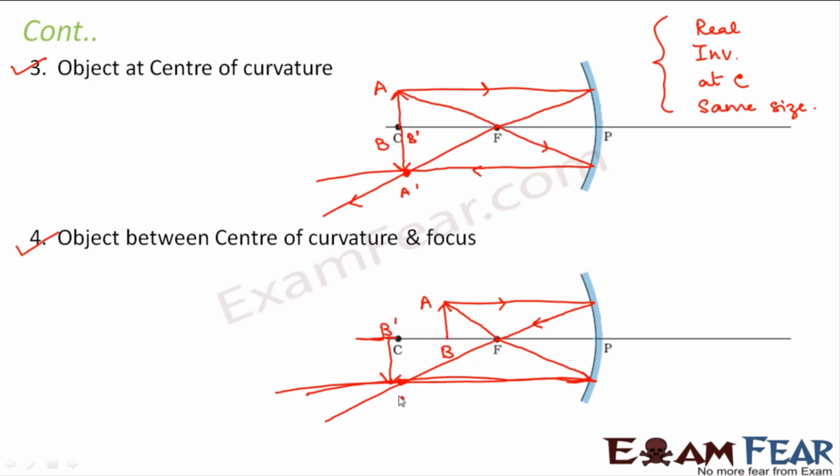So that means you have B dash and A dash. In this case, what kind of image do you get? It is again a real image, inverted image located beyond the center of curvature. And what about the size? In this case, the image is enlarged. If you see, the length of the image is greater than the length of the object. So you get an enlarged or magnified image now.